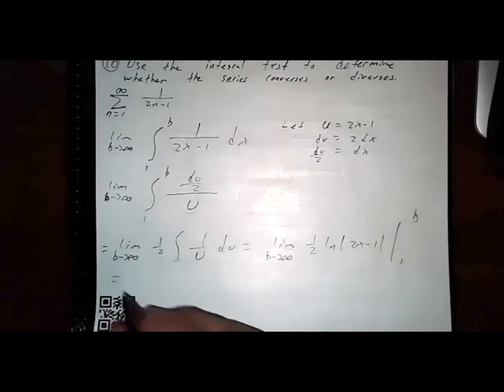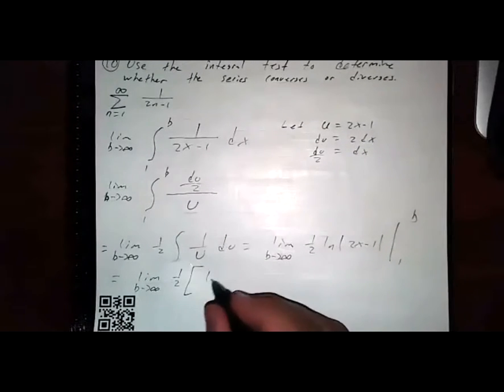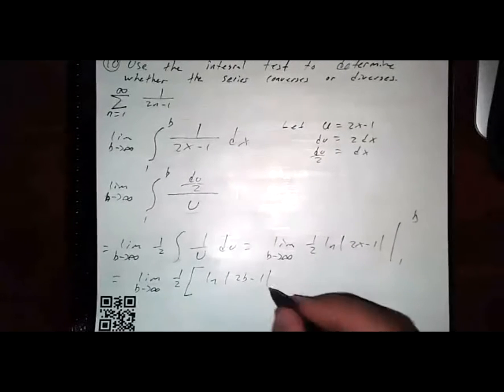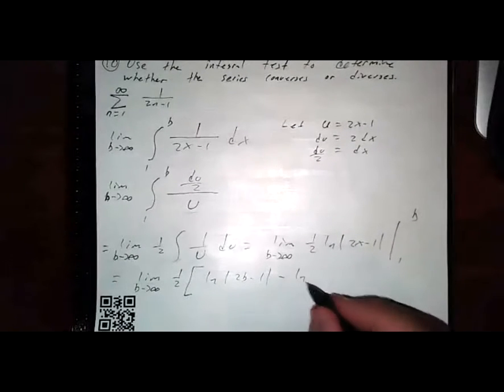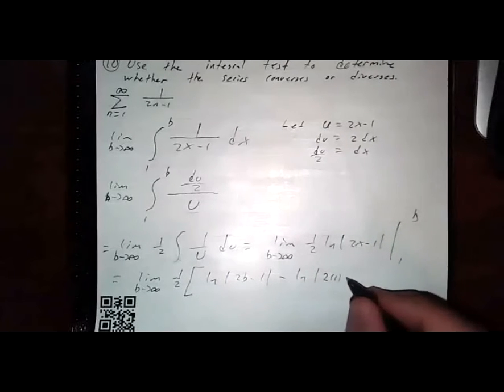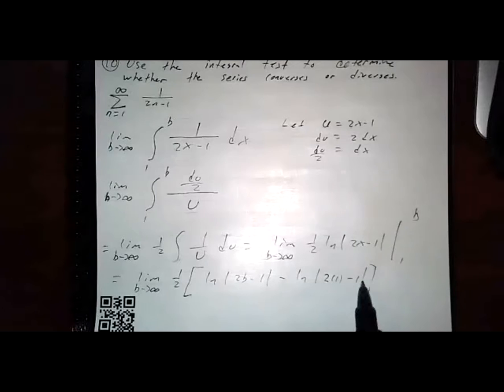which would give us the limit of 1/2 times ln of 2b minus 1 minus ln of 2 times 1 minus 1, which this one will be 0, right? 2 minus 1 is 1, ln of 1 goes to 0.